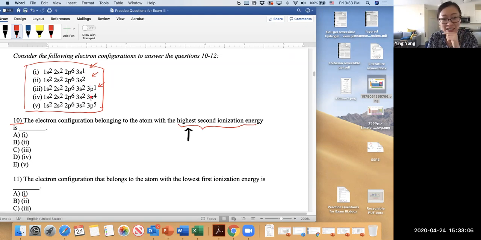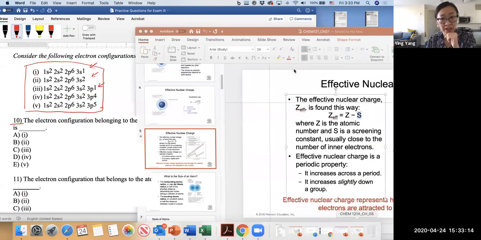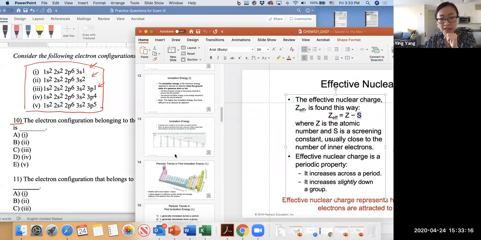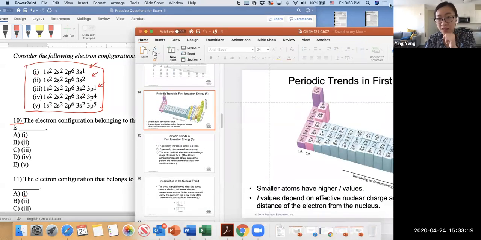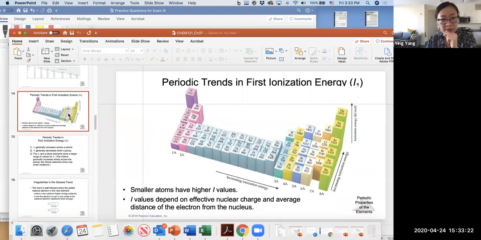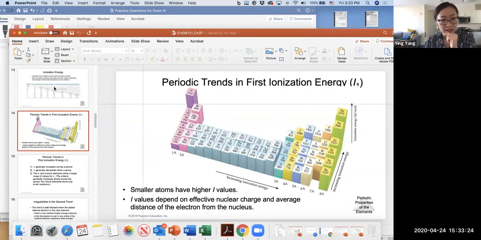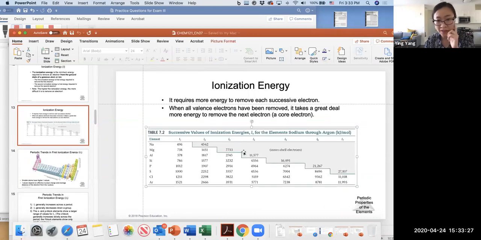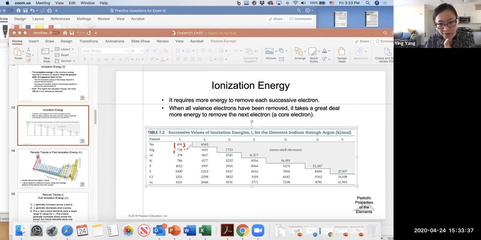When I see the highest ionization energy, especially for the second one, the first thing I would think about is removing core electrons. This is where we covered ionization energy. Using this table, I1 is the first ionization energy, and if I compare first to second ionization energy, the second one is higher than the first.